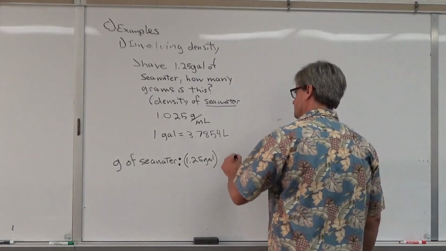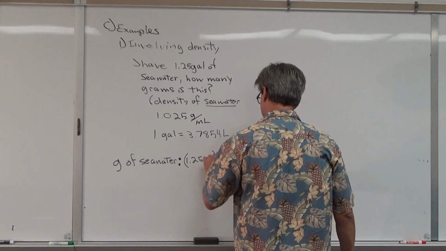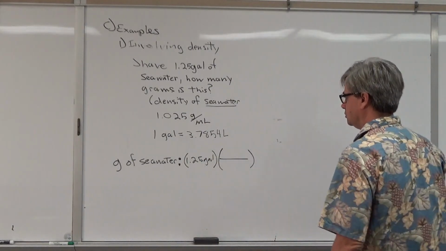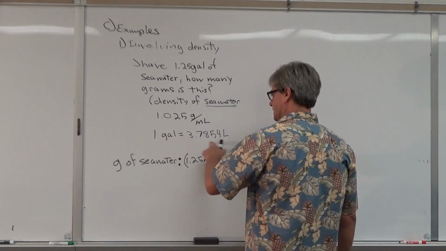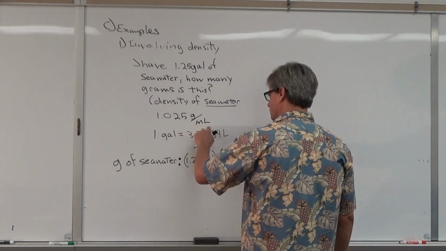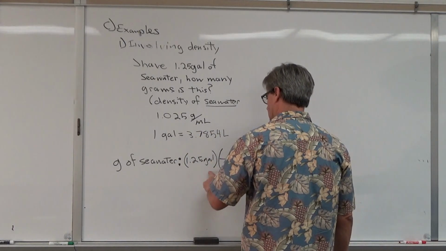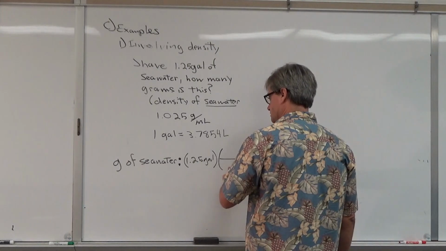Okay. Well, so we know that, so I can take this equivalence here, okay, and I can either put gallons over liters or I can put liters over gallons. So I want gallons on the denominator, so I get rid of gallons.